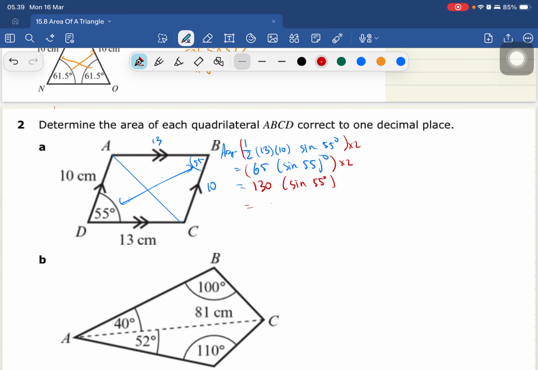Based on your calculator, you will get the answer of 106.5 centimeters squared.